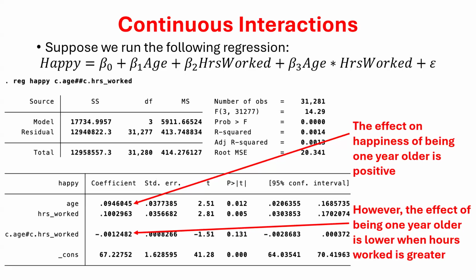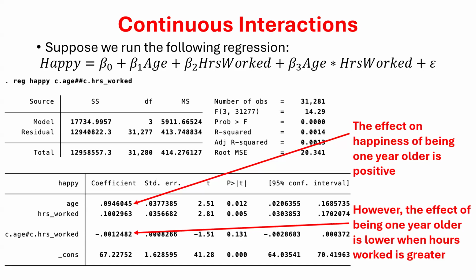So if I wanted to know my marginal effect of age, it's going to depend on the number of hours worked. As that number of hours worked changes, my marginal effect of age is going to change. So if my hours worked was 0, what would the marginal effect of age be here?